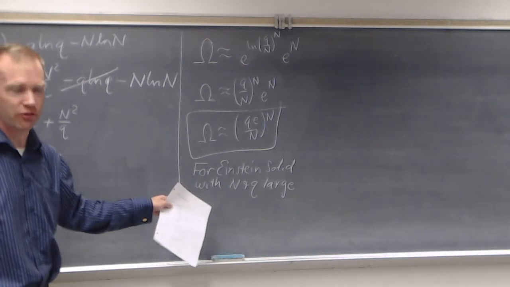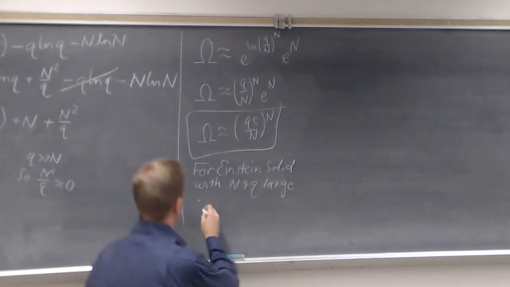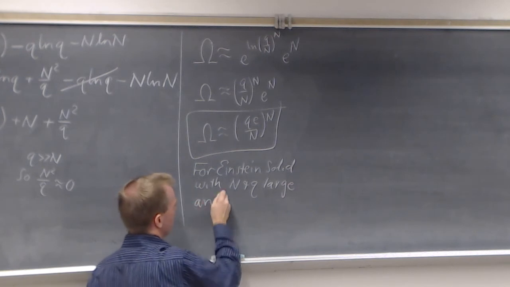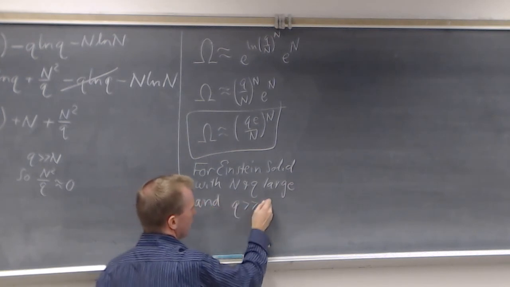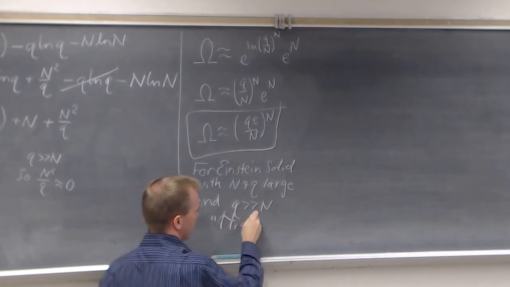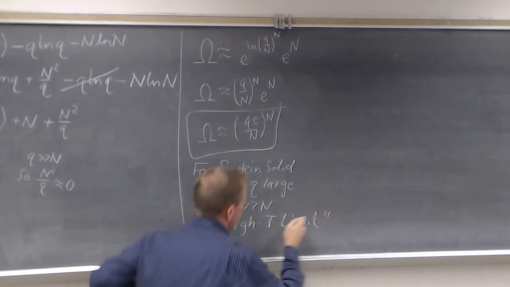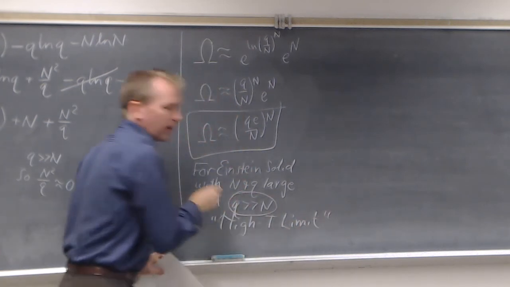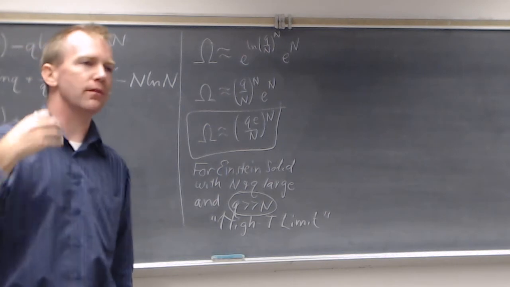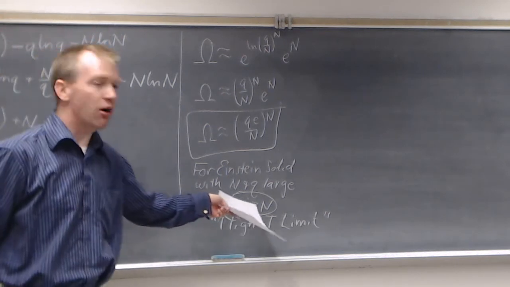So it's a large system, so we were able to use Stirling's approximation, and we're assuming that there are a lot more units of energy, quanta of energy, than there are oscillators.